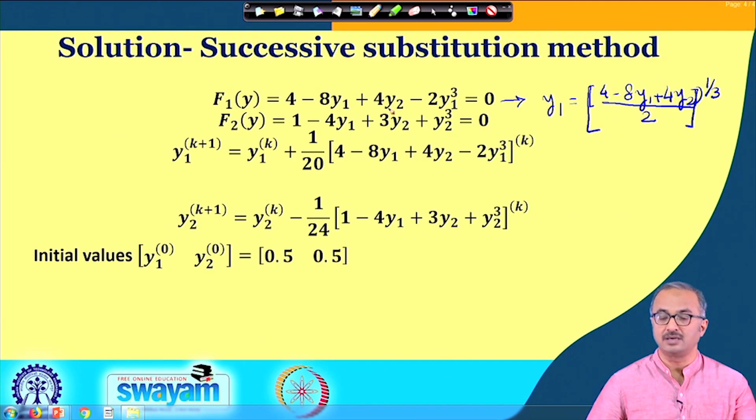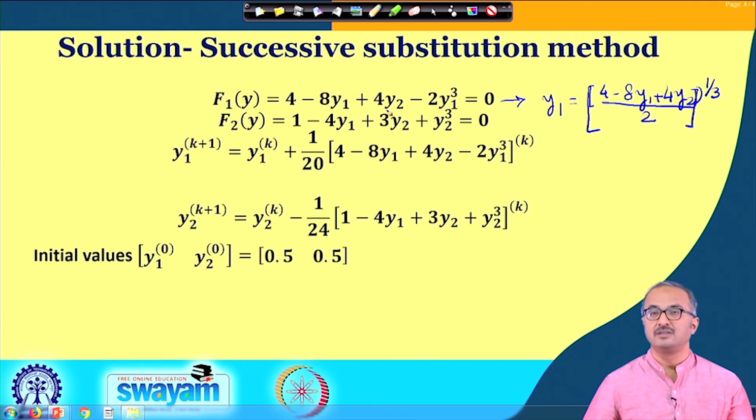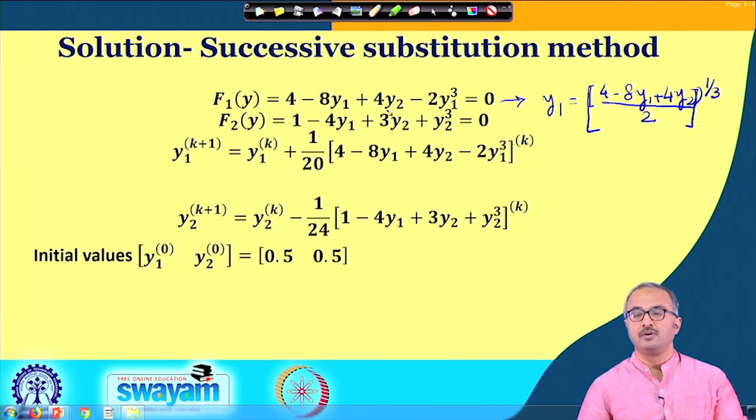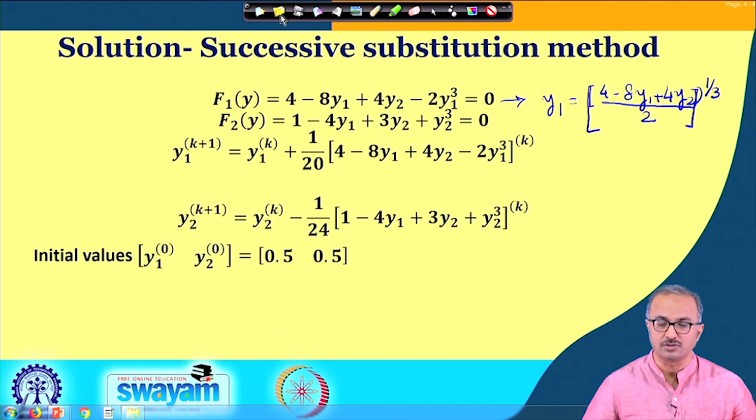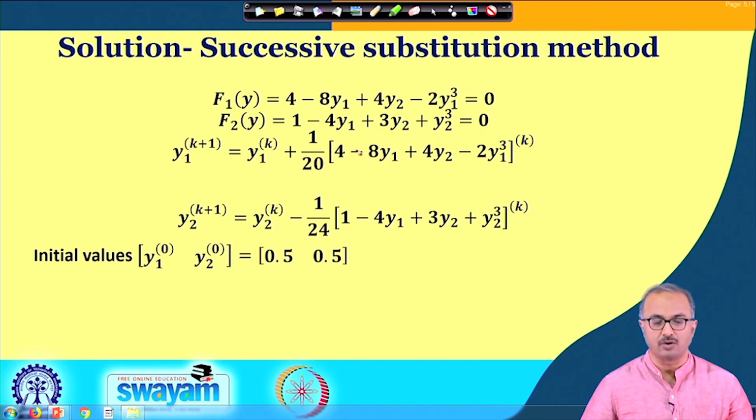And in my lecture, I have also given some conditions so that we are going to have convergence, so that we do not have instability problems in the solution. And with this particular given choice of y1 and y2, what we are going to demonstrate is how we can proceed with the solution.